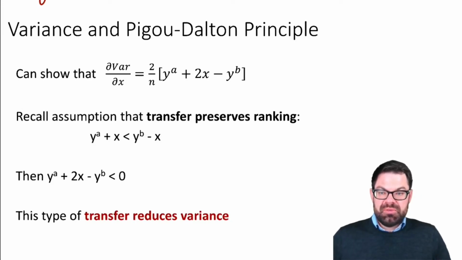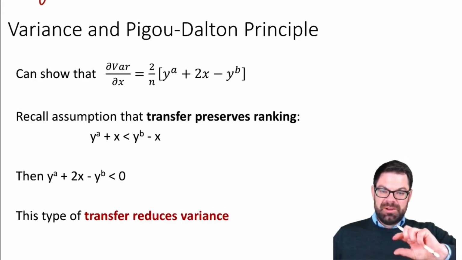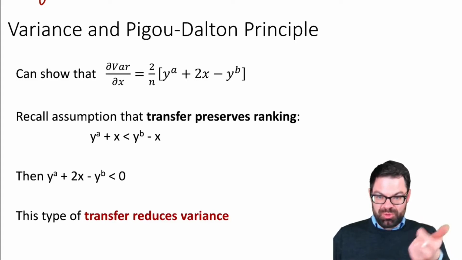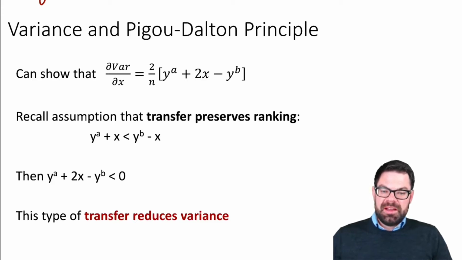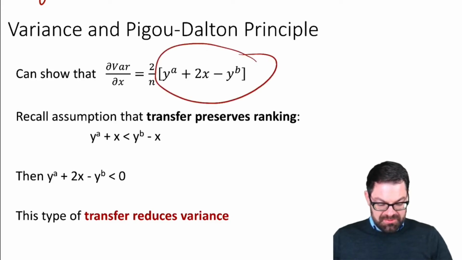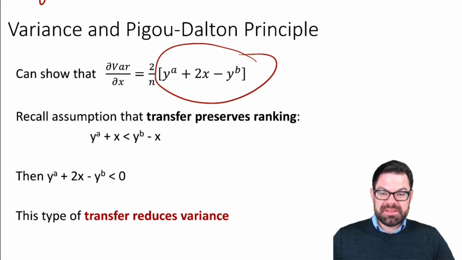Now, what we need to assume here for the Pigou-Dalton principle to actually work is that the ranking of those two households is preserved. So the transfer is not so big that it would all of a sudden turn the rich household into the poor household and vice versa. So that the income ranking is preserved. And if that's the case, what we also know is that the first derivative, that expression here in parentheses, is less than 0.